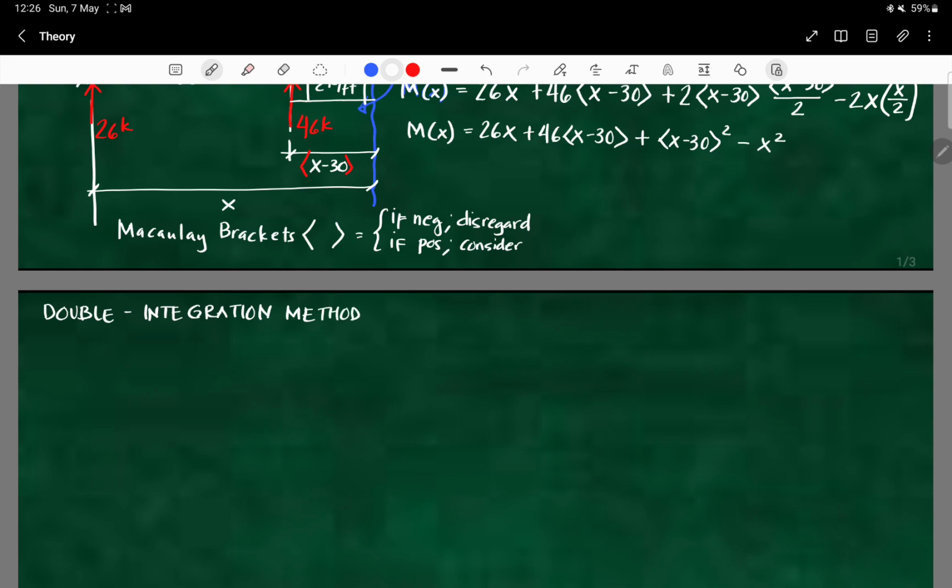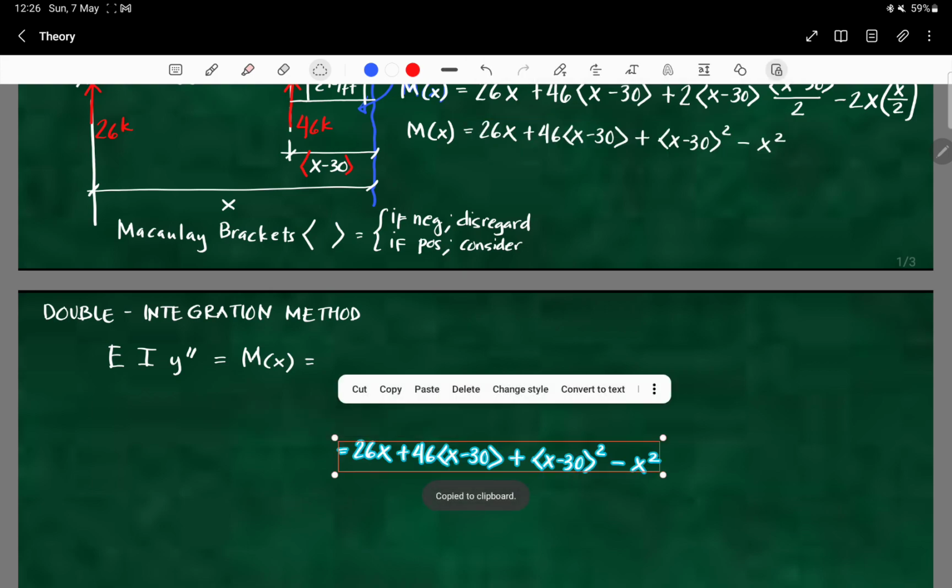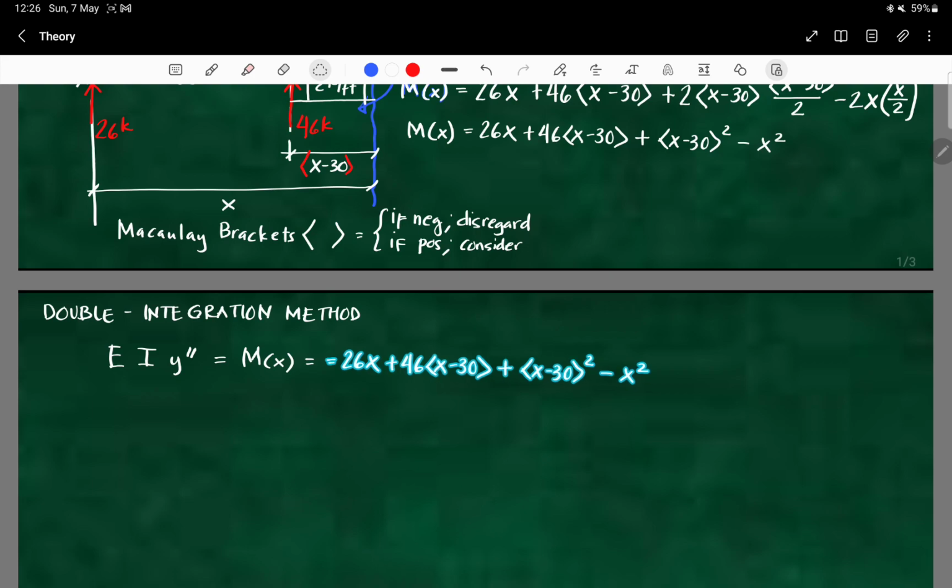So we have this double integration method. So yung formula is EI, yung second derivative is equivalent ng moment equation. So which is itong 26x plus 46 x minus 30 then plus x minus 30 squared and then minus x squared. Okay? So ito na yun.